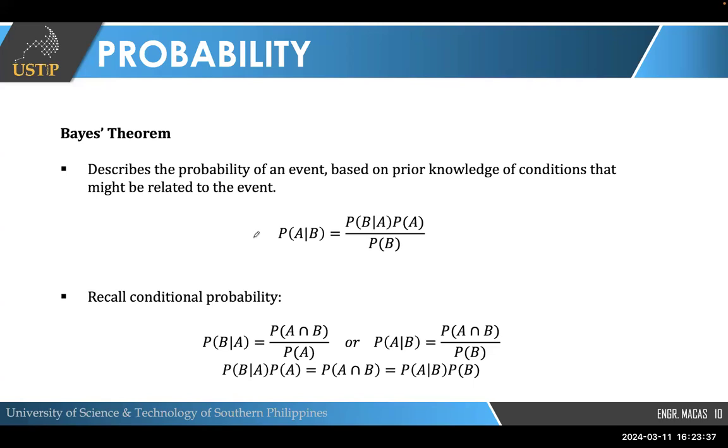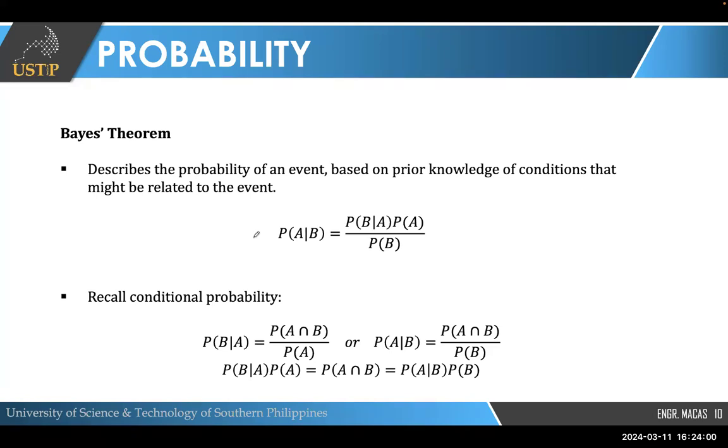Okay? So, in a way, conditional gihapon siya pero ang nindot sa Bayes' theorem is that you can have a general formula maskin ga-change ang information, imo lang siya ipasak dito. Okay? Dili na siya murag ang conditional probability nga general formula nato. Ang Bayes' theorem is gi-design na gyud siya for that alone.